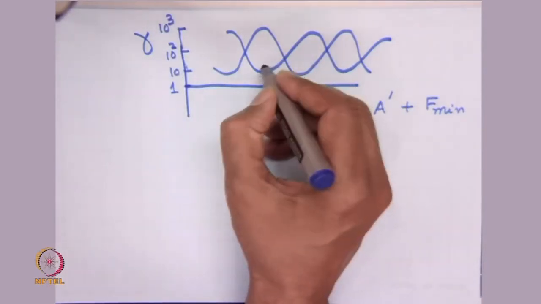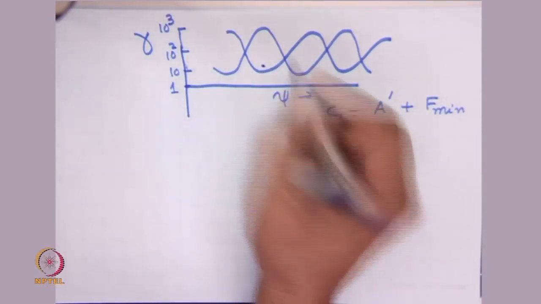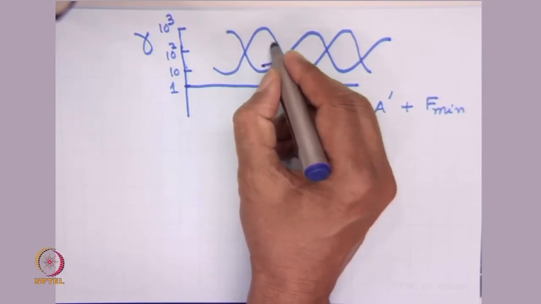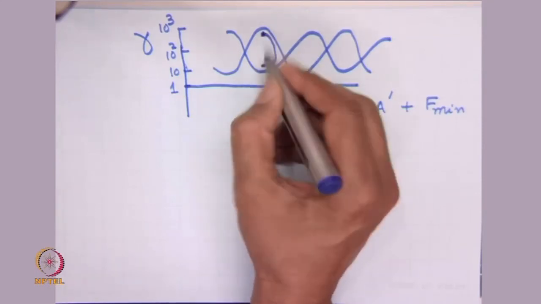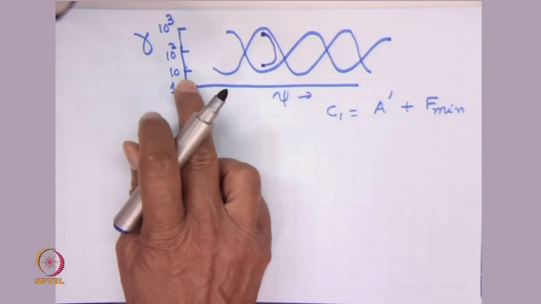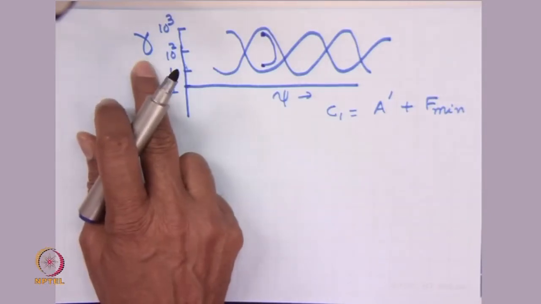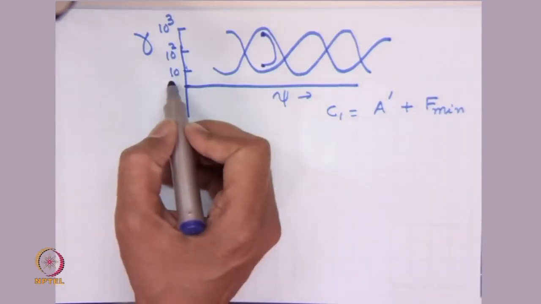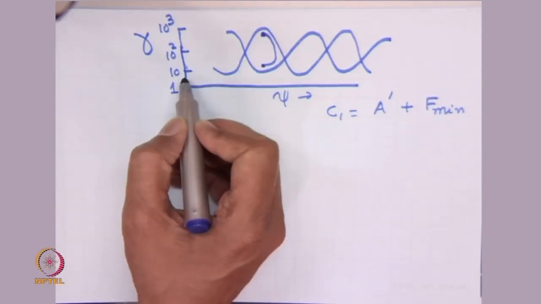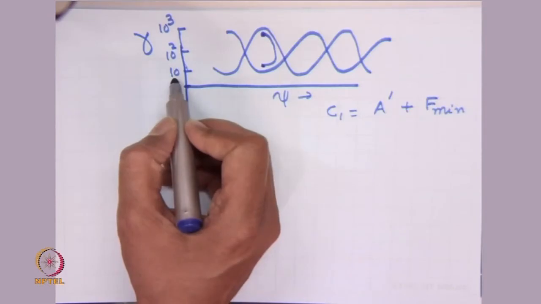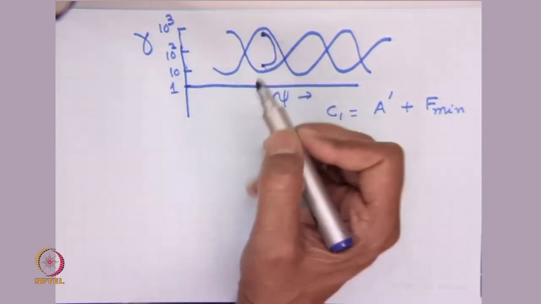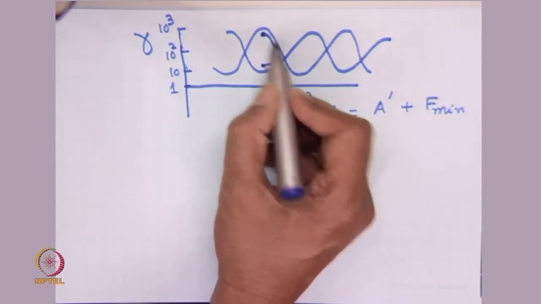So the electron which enters a wave somewhere here, as it moves, it can go to the peak. It can gain a huge amount of energy. Gamma, if you multiply by mc square, you will get the energy. So initially, suppose the particle has gamma 10, it can acquire a gamma like 1000 when it goes from here to here.